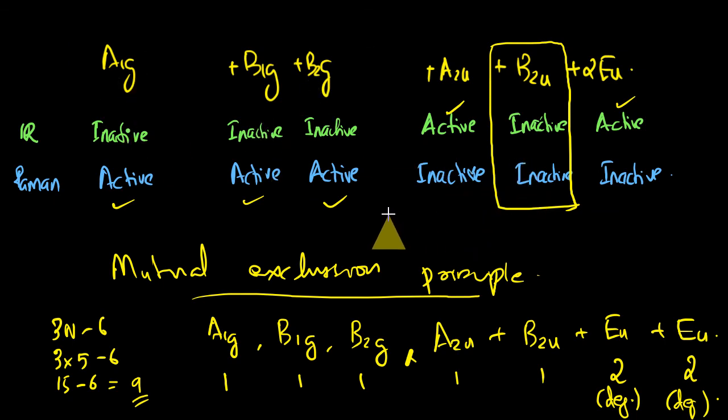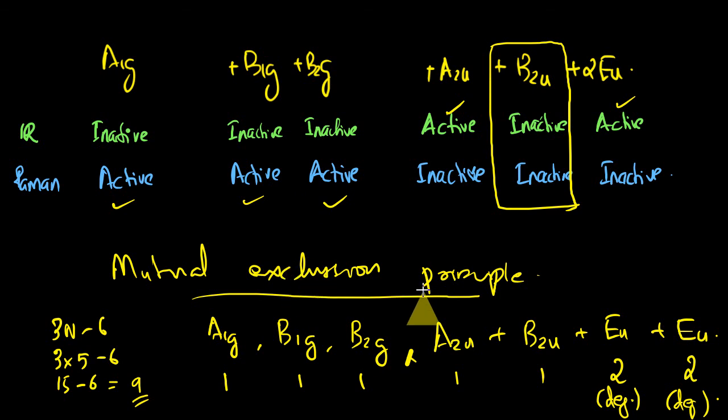Okay, and special care should be given when you are assigning the Raman active and IR active vibrations. In the case of water molecule, you saw that the Raman active vibrations are IR active also. In the case of ammonia molecule also, you saw that the Raman active vibrations are IR active also. But here you cannot see that because this molecule is special. It has an inversion center.